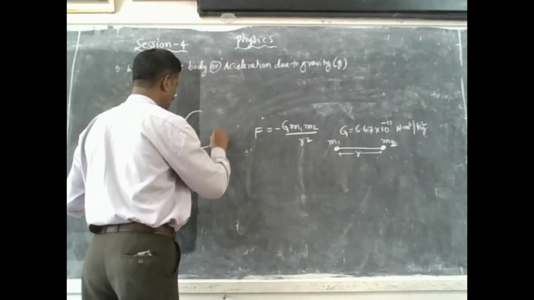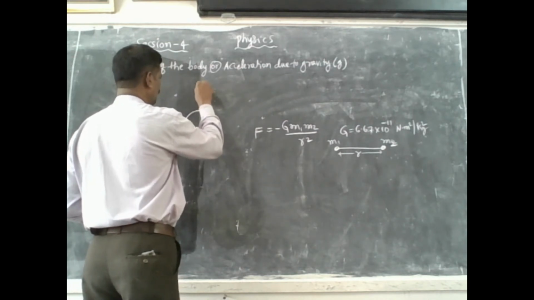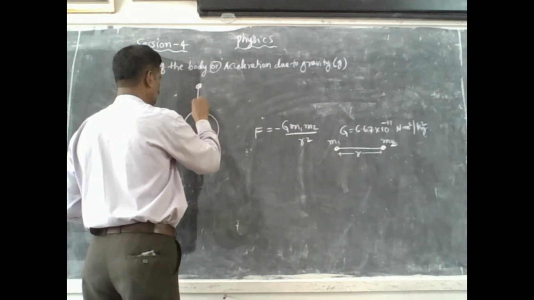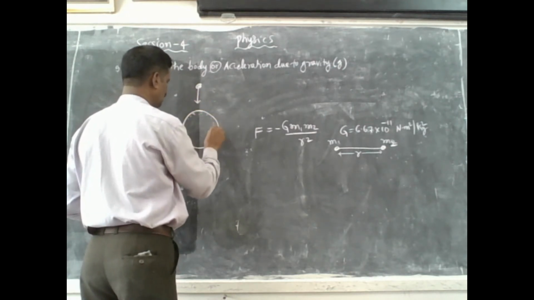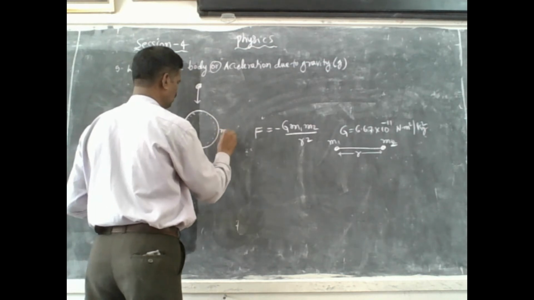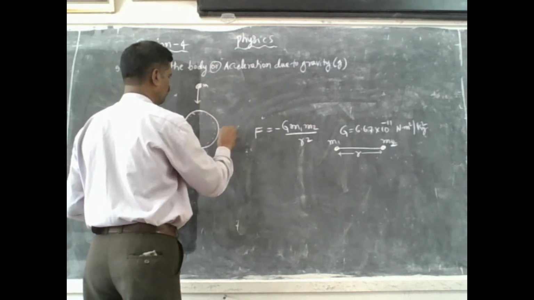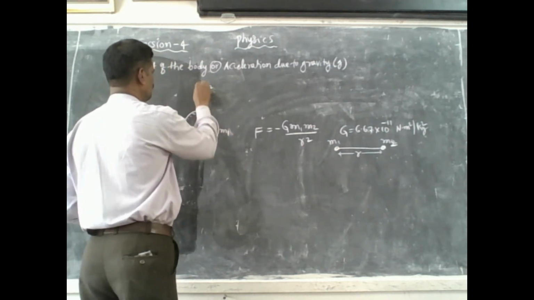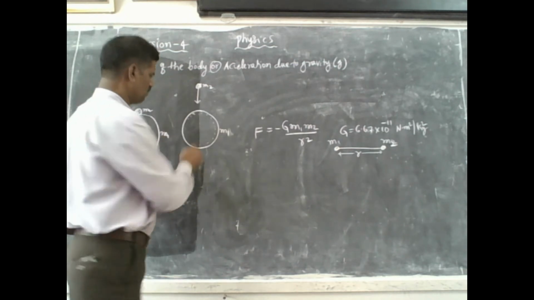Suppose a body m2 falls freely due to the attraction of the other body m1, from a certain height.